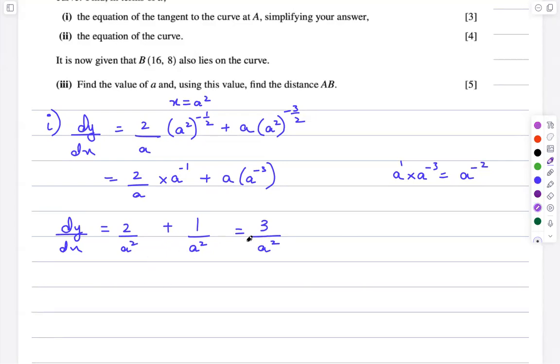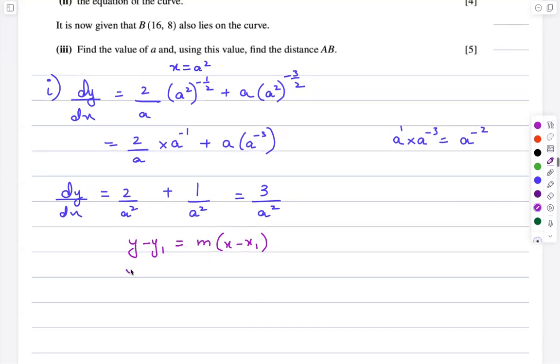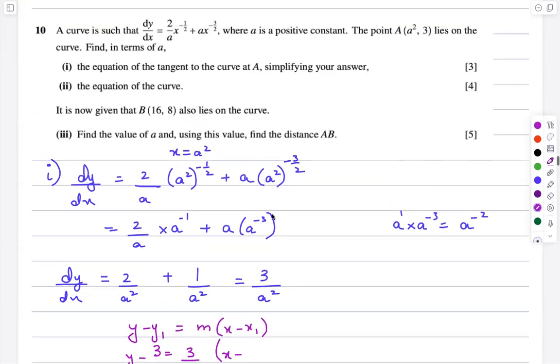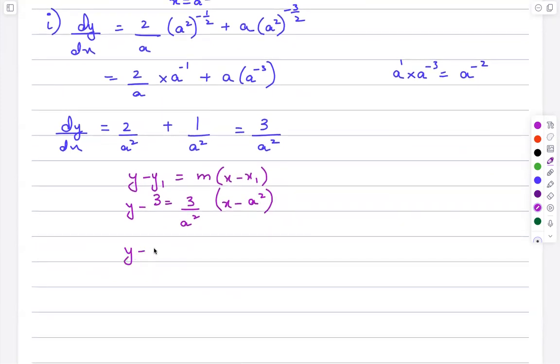Now, once we have the gradient in terms of a, we can find the equation. The equation of a line is given by y minus y1 equals m into x minus x1. The y1 coordinate at point A is 3, the gradient is 3/a², and the x1 coordinate is a². Simplifying, we get y minus 3 equals 3x/a², and 3/a² multiplied by a² will become 3.